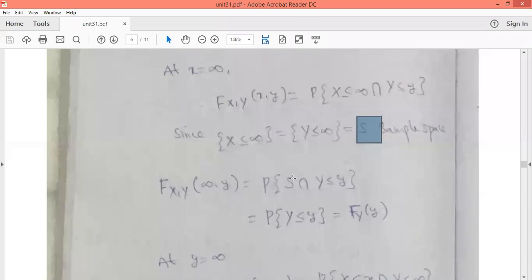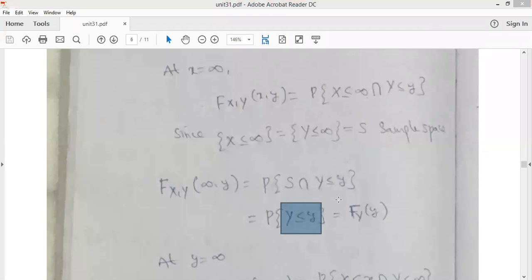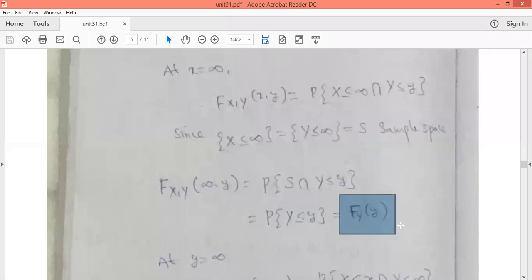So S intersection y less than or equal to y will give us y less than or equal to y only. So the probability of y less than or equal to y is Fy of y. Okay, so this Fy of y is called the marginal distribution function.